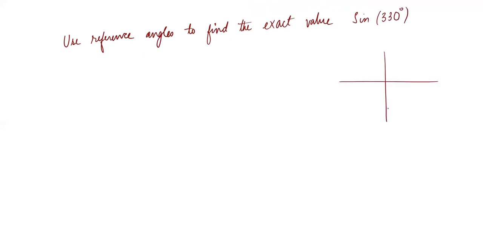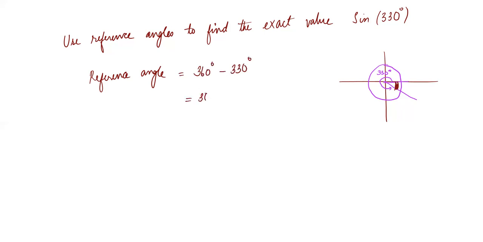Previously we just looked at the angle, now we're given the function. 330 is in the fourth quadrant. So the reference angle for this should be this angle here on the graph. The reference angle is going to be 360 degrees minus 330 degrees, which is 30 degrees.